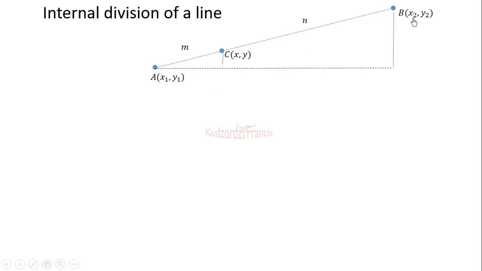B has coordinates x2, y2. A to C is m, C to B is n. A to B is m plus n.